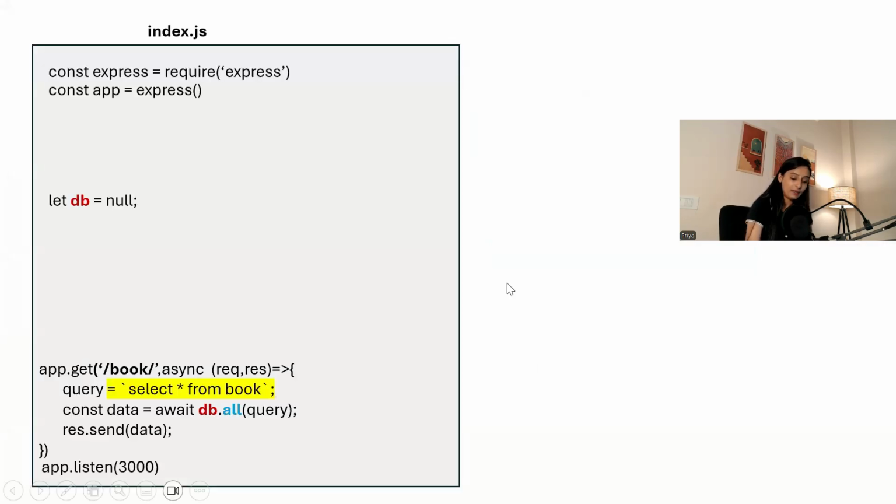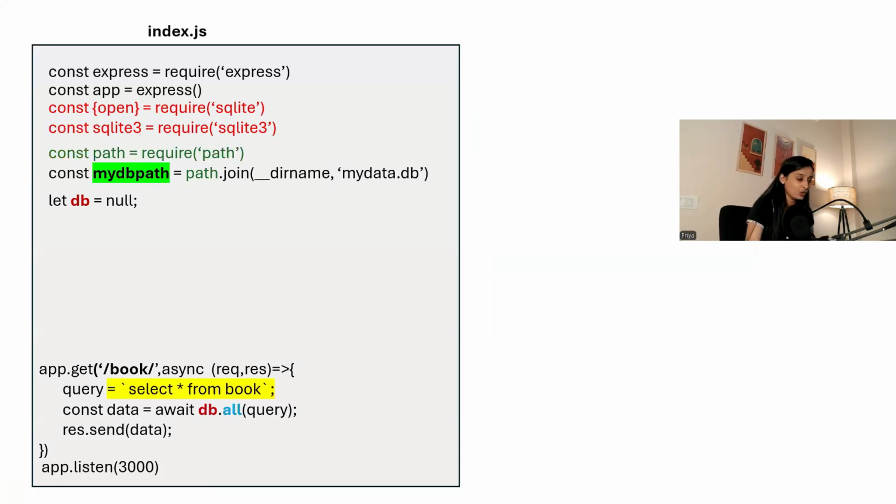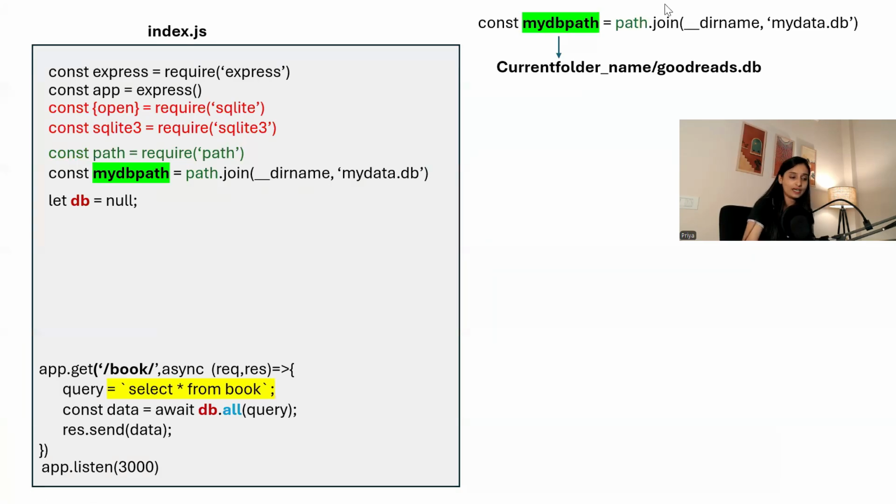The DB variable was null. Then we imported two packages. Now in my DB path variable, the path will be present where your mydata.db is present. Actually, it creates the path like this: the current folder name and after that mydata.db.